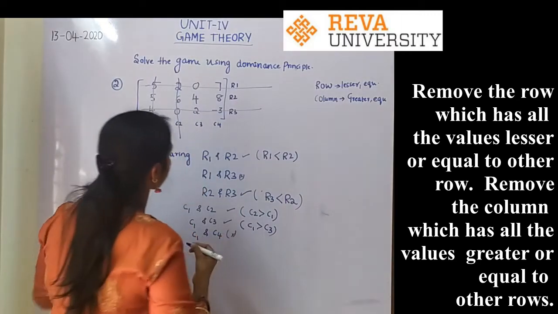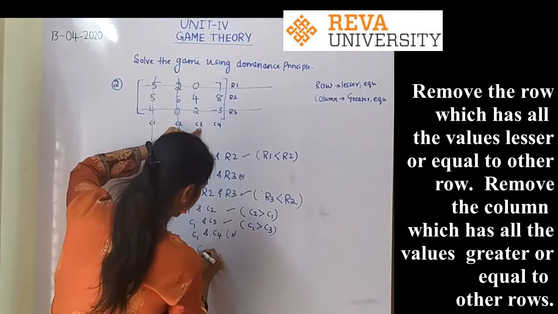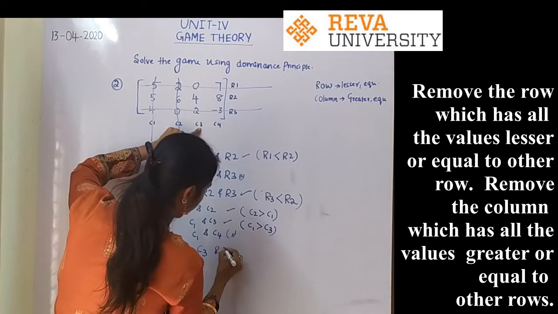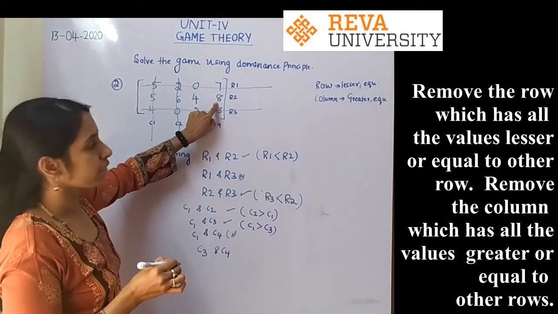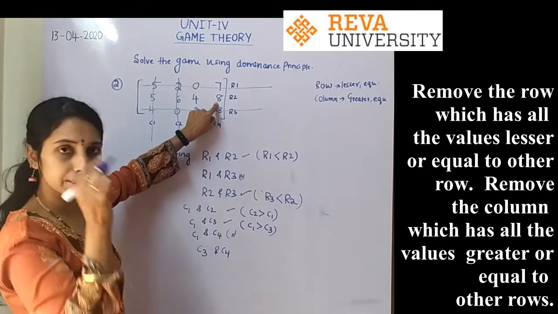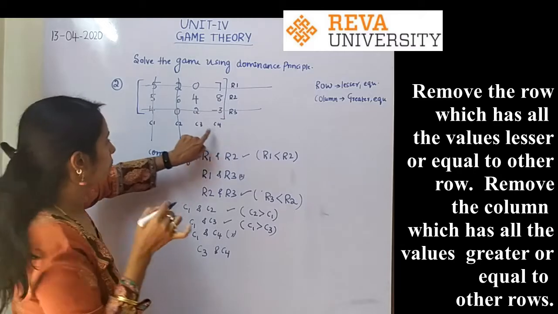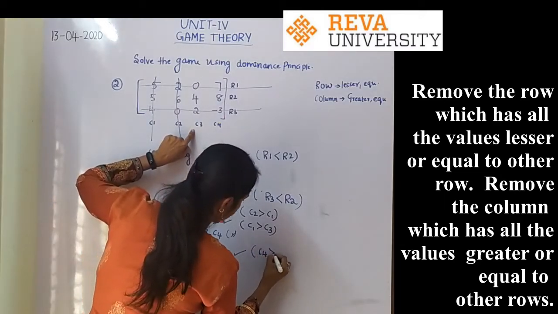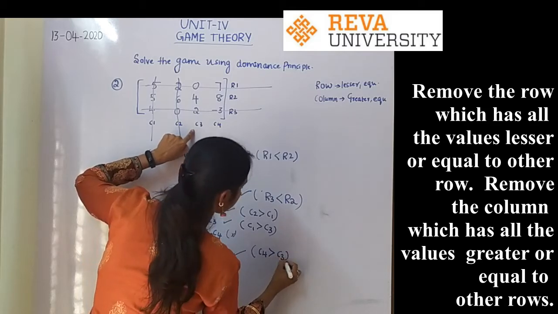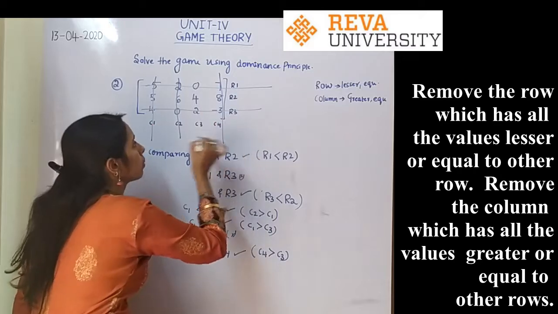Next, what is remaining here? You will be comparing C3 and C4. Since it is a column comparison, which has the greater value? C4. So this holds good wherein C4 is greater than C3, so this is ruled out.